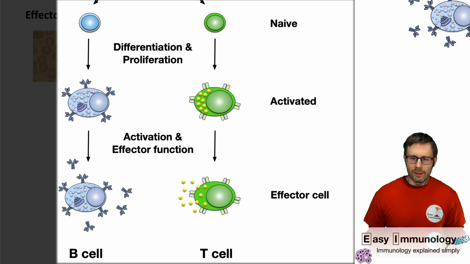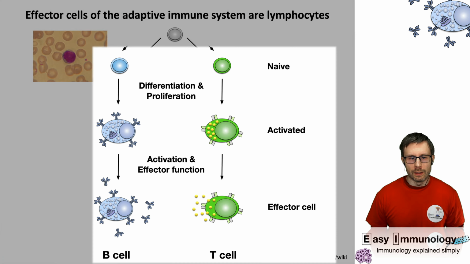Then once they find the pathogen and start to fight it, they fulfill their so-called effector function. For the B cell, it is producing antibodies. You can see the B cell is surrounded by a lot of antibodies. For the T cell, at least for this type of T cell, it is the production of cytokines, messenger molecules that direct the immune response. There you can also find differences. So these are the 3.5 stages for the T and B cells that we can differentiate.